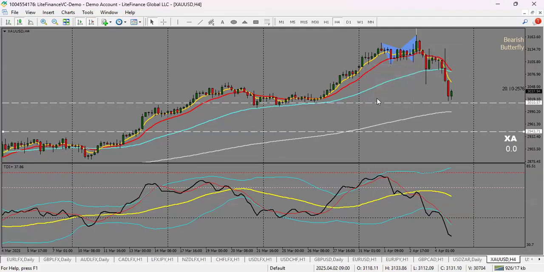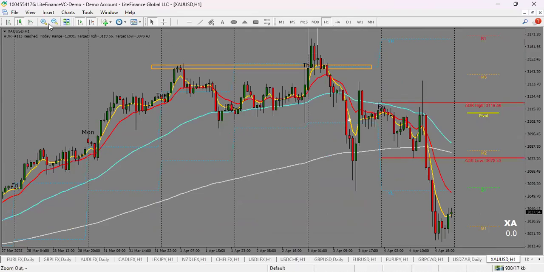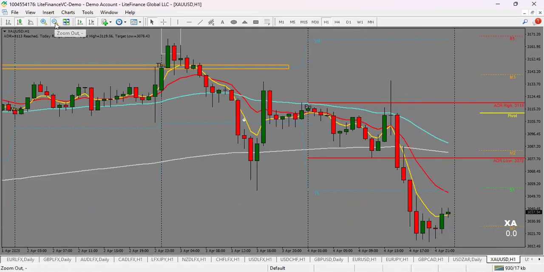We had a butterfly, so that's a bearish butterfly, the harmonic pattern there. So it simply indicates that we had an initial high here and it was broken to collect liquidity, and then we had that downfall.